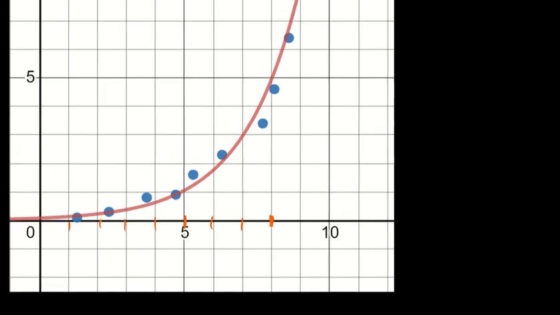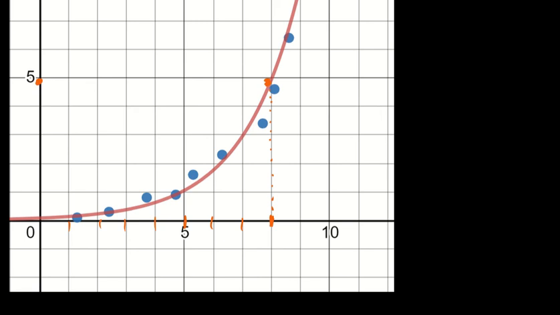So at day 8, I'm just going to follow this up to the curve, up to my model. Right about there. And then as I move this over, I can see that this is somewhere just below the number 5.